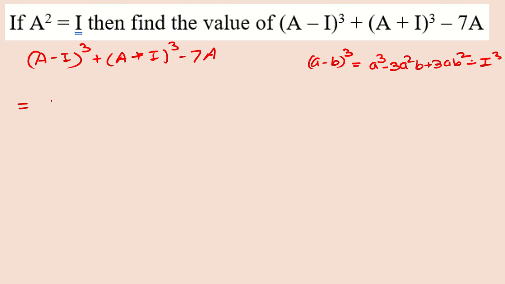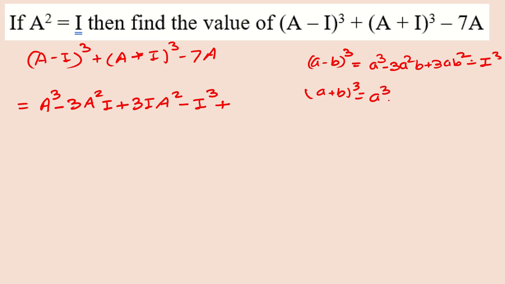So it will be A cube minus 3A square I plus 3IA square minus I cube, plus, for (A plus B) whole cube, the identity is A cube plus 3A square B plus 3AB square plus B cube.